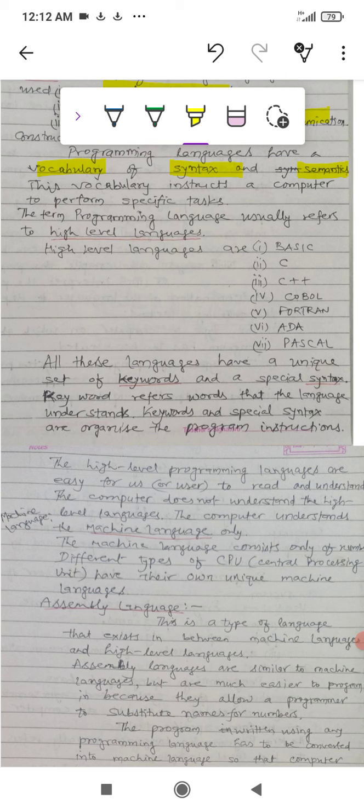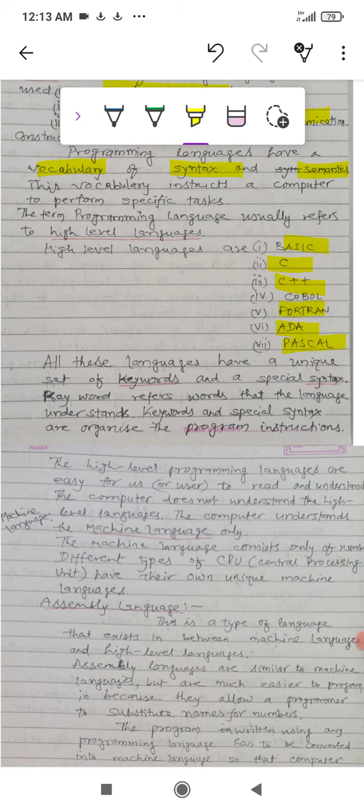The term programming language usually refers to high-level languages. Examples of high-level languages are Basic, C, C++, COBOL, Fortran, ADA, Pascal.